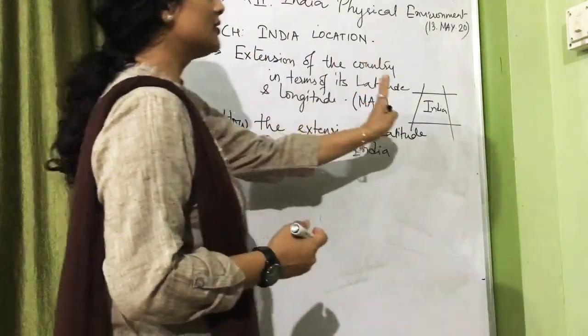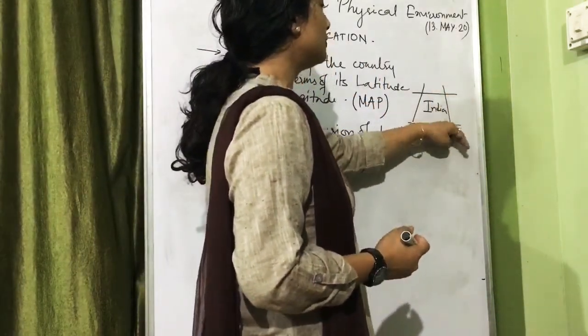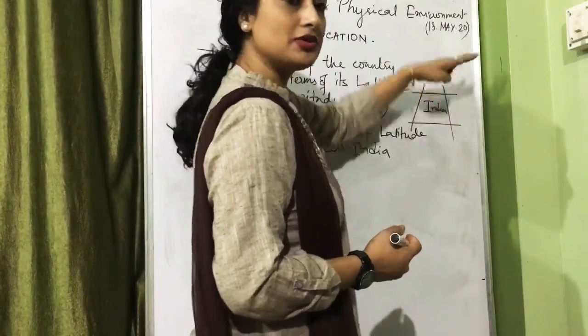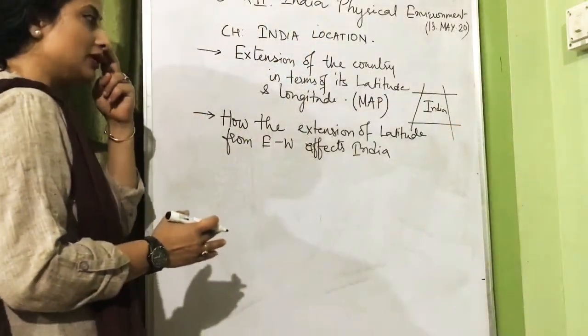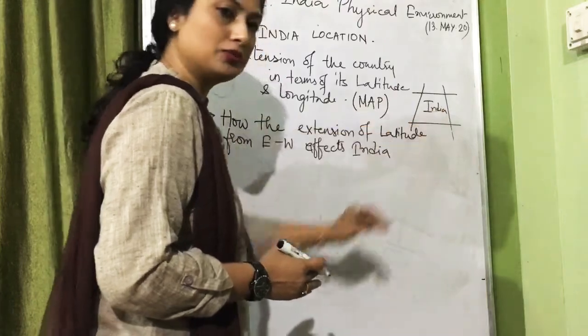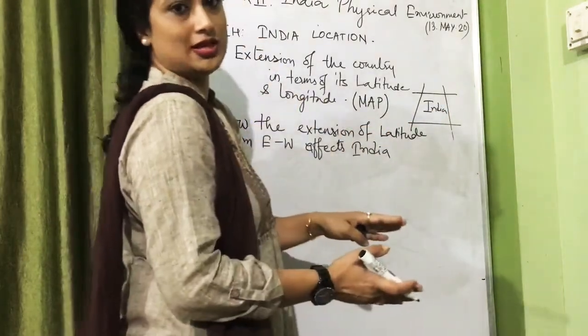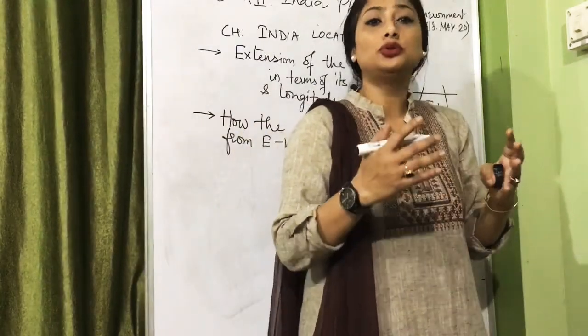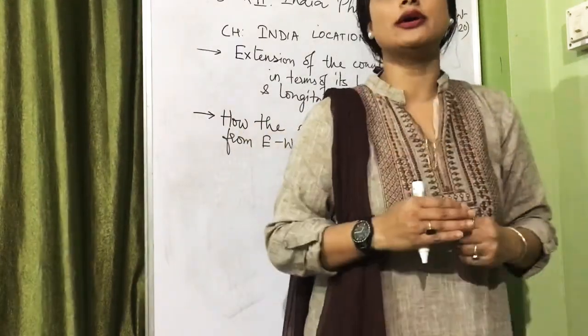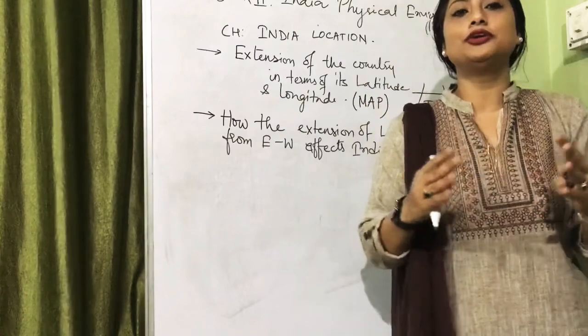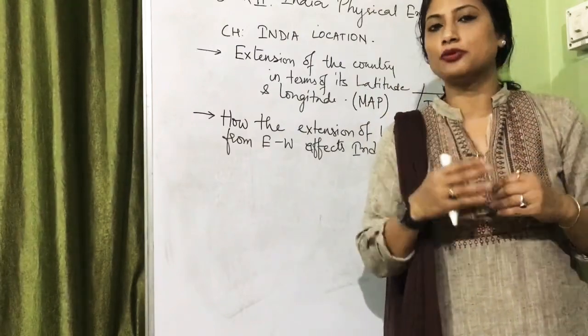We know that there is a nearly difference of from 8 degree to 37 degree between the northernmost and southernmost, and because of this vast latitudinal extent, we are sharing two heat zones in one country, and our country is divided into two climatic zones by Tropic of Cancer.